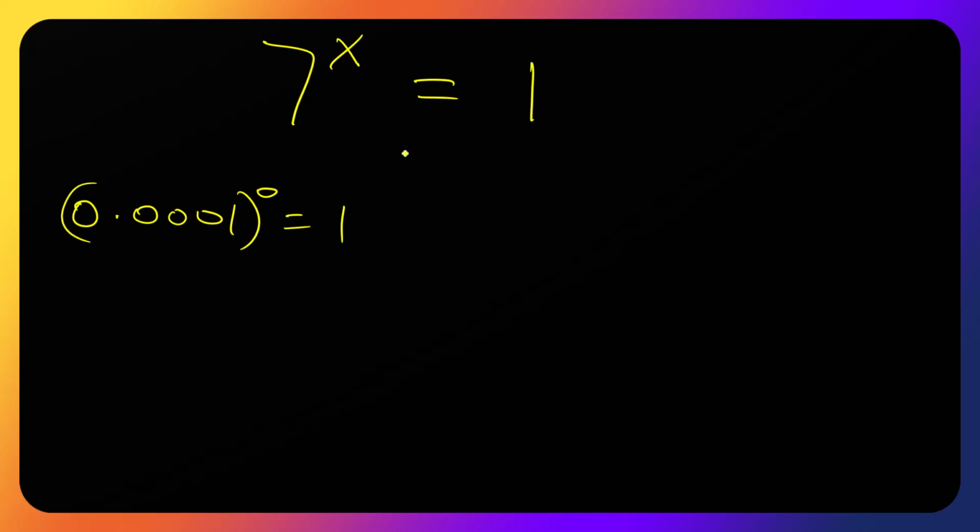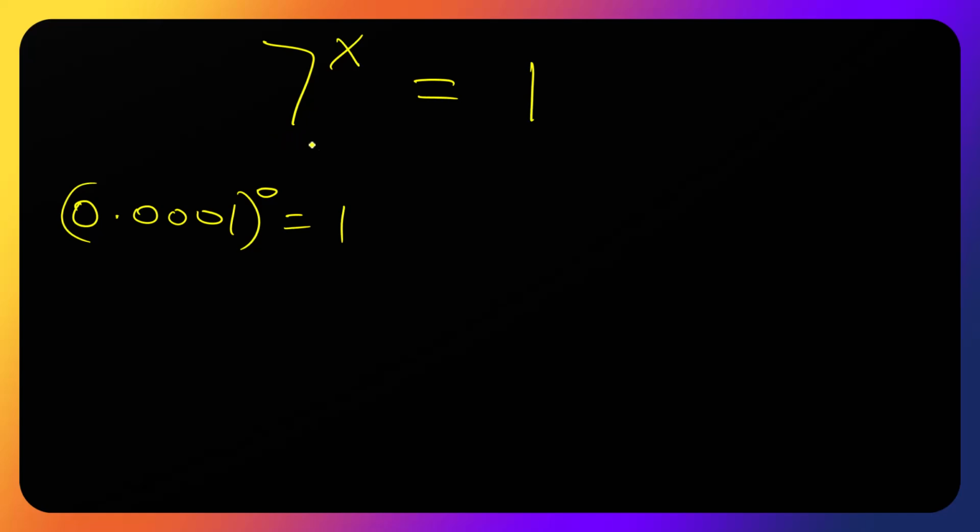Now when we encounter a situation like 7 to the power of x equals 1, since any non-zero number to the power of 0 is 1, and we want the bases to be equal so we can pave way for the powers, we just replace this by what is here.